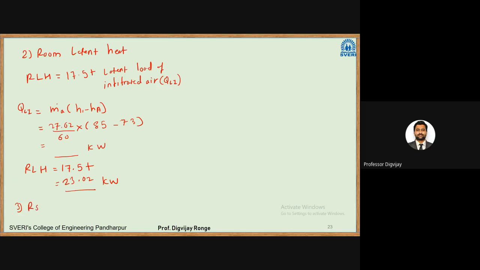So RSHF, the room sensible heat factor, will be equal to room sensible heat divided by room total heat. So this will be equal to RSH. How much have we calculated? 52.02. Total heat will be the addition of sensible heat and latent heat. So this will be 52.02 plus 23.02. So calculate the RSHF.